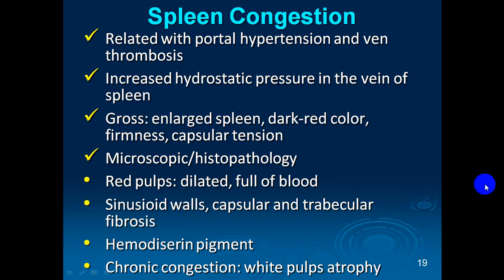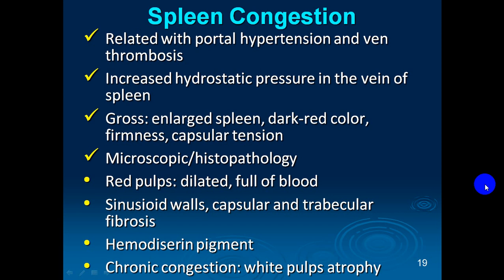And then the next is about spleen congestion. Spleen congestion is related with vein thrombosis and portal hypertension. Portal hypertension means long-lasting or prolonged congestion in the portal area of the liver, and it is also related with a congested spleen.